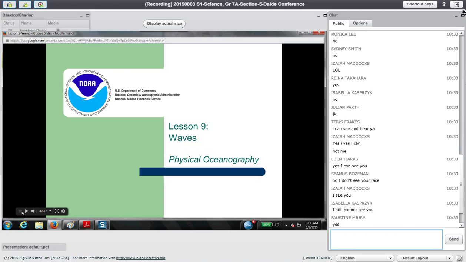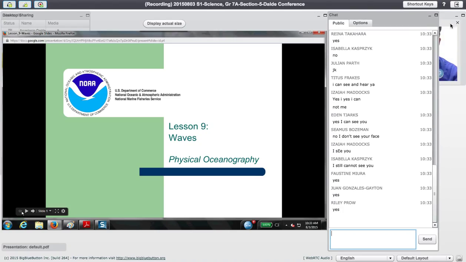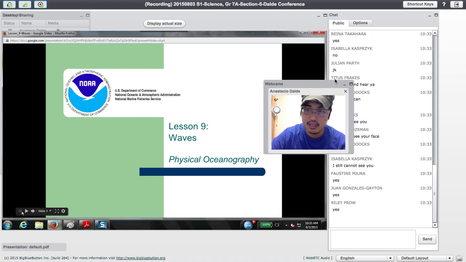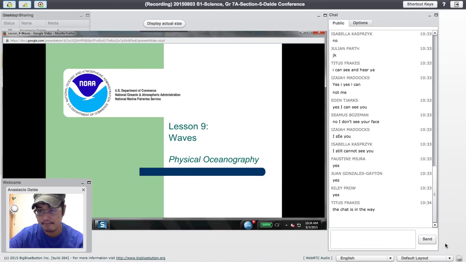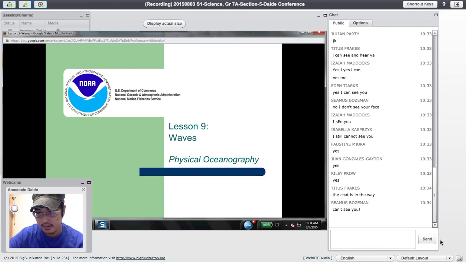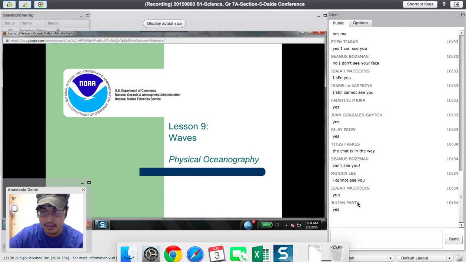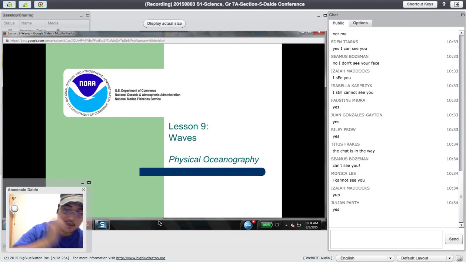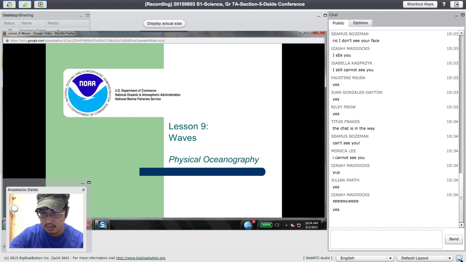Oh, I get it. That probably hid, but as soon as you chatted, the chat window went right above it. All right, I moved myself to the bottom left-hand corner. Did that work? Awesome.